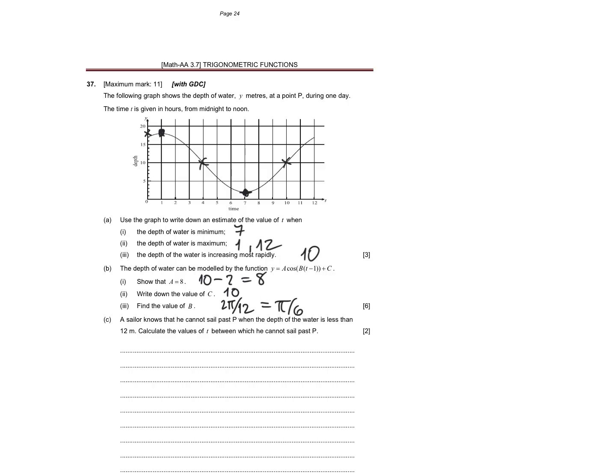A sailor knows that he can't sail past P when the depth of the water is less than 12. Calculate the values of T between which he cannot sail past P. So 12 is here. So we need to know this value and this value. And that's when he can't sail past P. So we're going to put it in the graphing calculator, find the intersections.